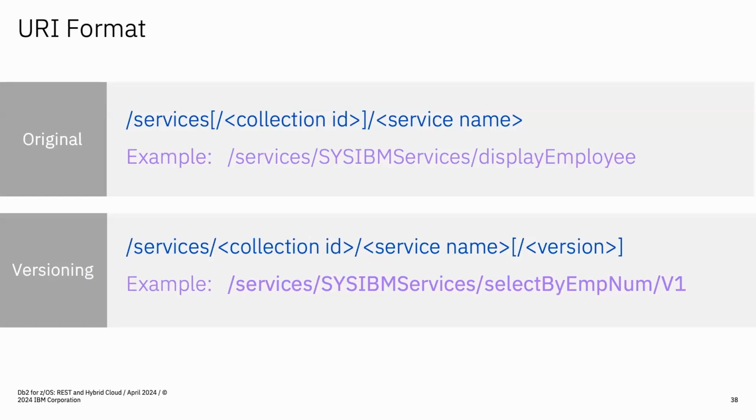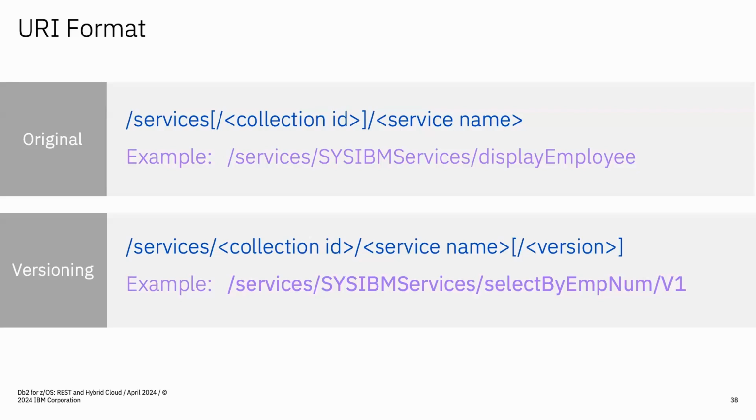So we have our URI format. That's what we're using with the HTTP REST call. The original would be services, collection ID is in brackets because that's optional, and then service name. So we were just looking at how you would display or create a service, calling services, IBM services, display employee.